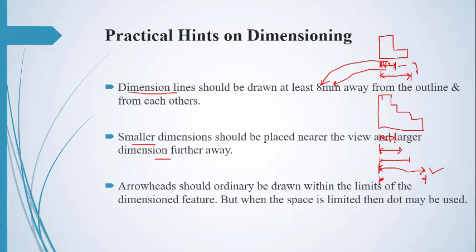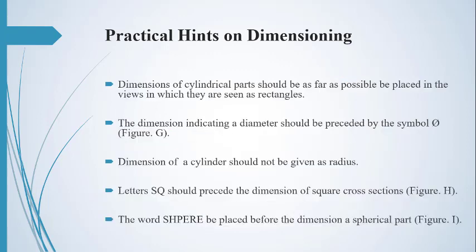So for dimension purposes, if space is limited and you are not able to draw the arrowhead, you may also draw a dot in place of an arrowhead.